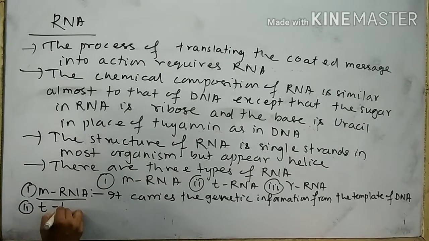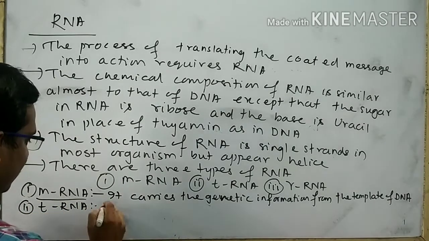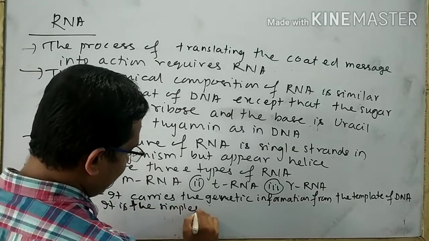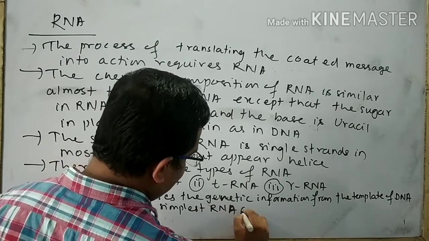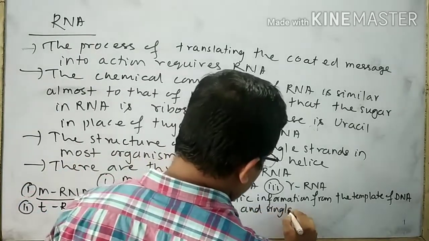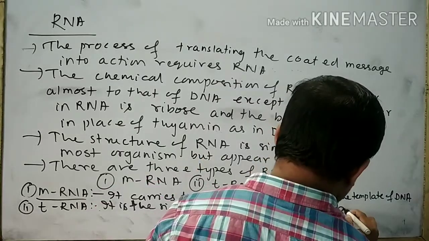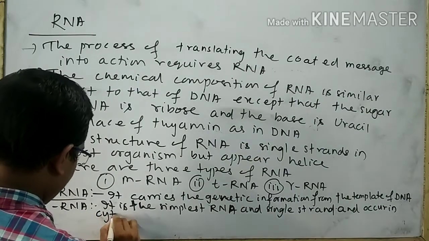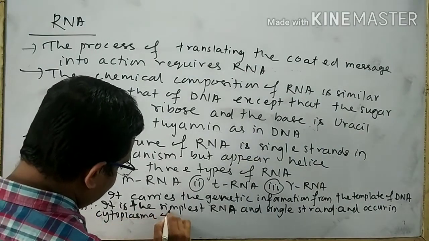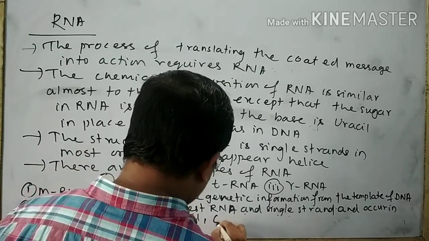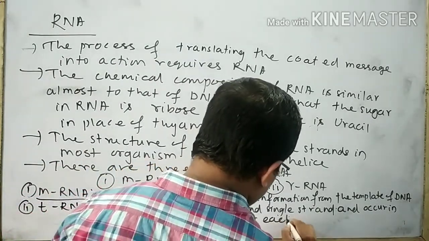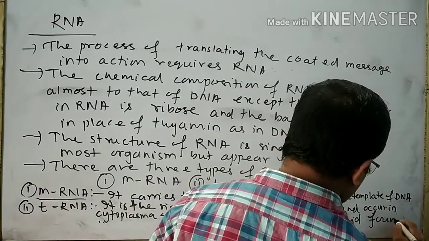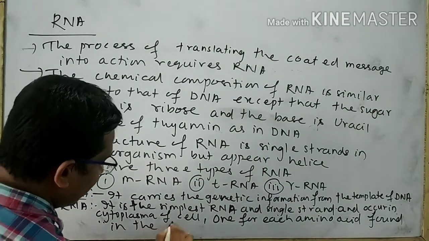Next is tRNA. It is the simplest RNA, single strand, and occurs in the cytoplasm of the cell, one for each amino acid found in the proteins.